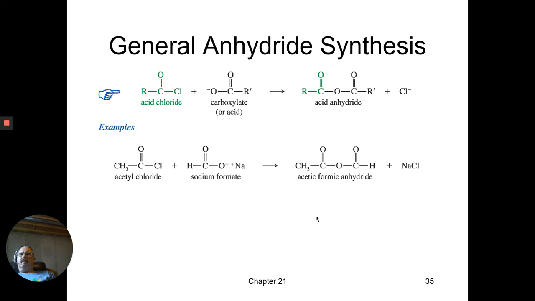Anhydrides can be produced from acyl chlorides using carboxylic acids or carboxylates. Okay, we can also produce mixed anhydrides if we want, such as acetic formic anhydride.